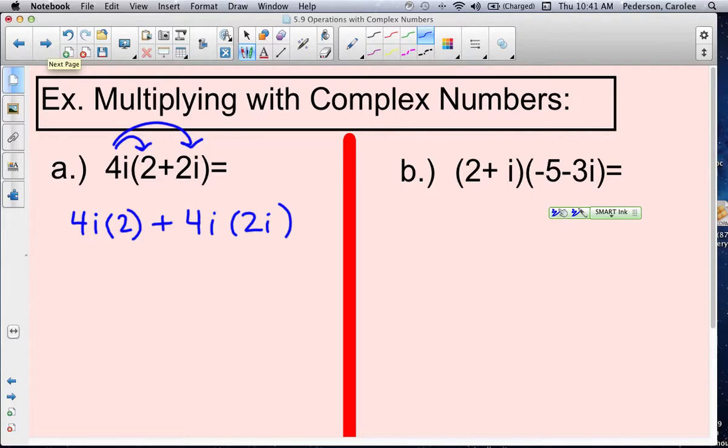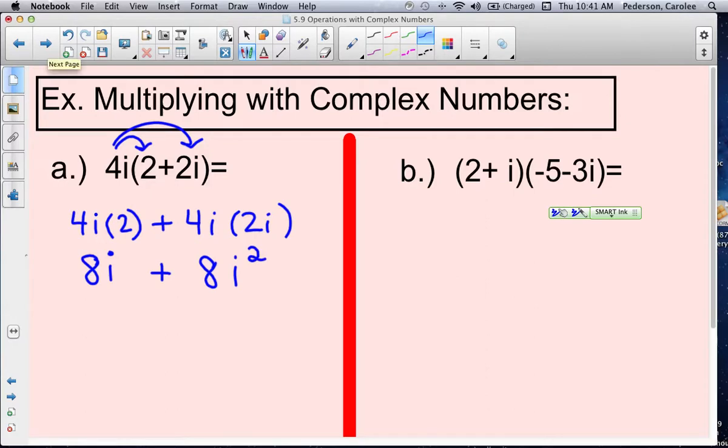When you multiply imaginary numbers with like parts. So the like parts is the 4 times 2 is 8, and then i. Then we go over to the second, we multiply like parts, so 4 times 2 is 8, and then i times i is i squared.